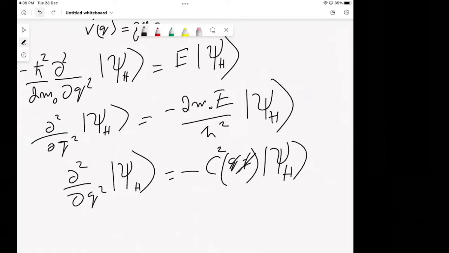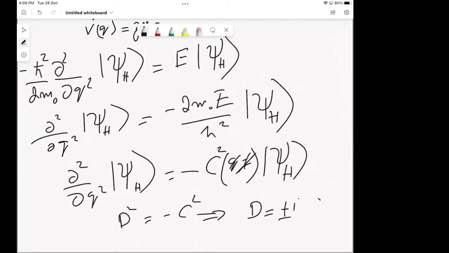By d square equal to minus c square, we know that d is equal to plus minus iota c.